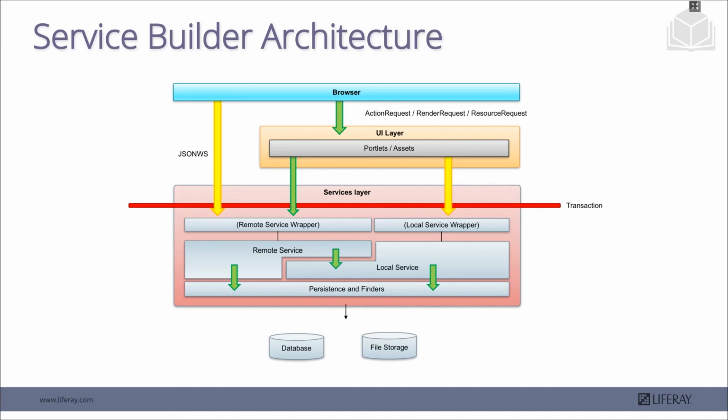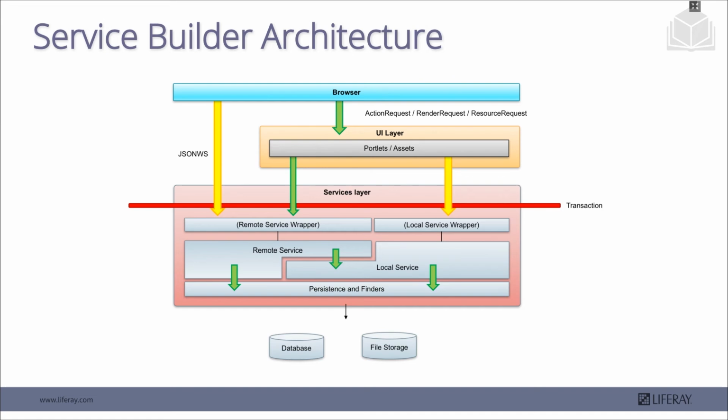Right. Our Service Builder architecture looks a little something like this. So from a web browser, we'll start off on the left. And if you want, you can make web service calls using JSON, for example. JSON will call the service layer, hits that remote service. If there's any modifications there, we'll call the wrapper first.